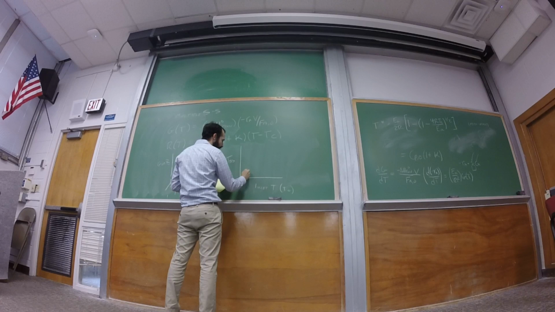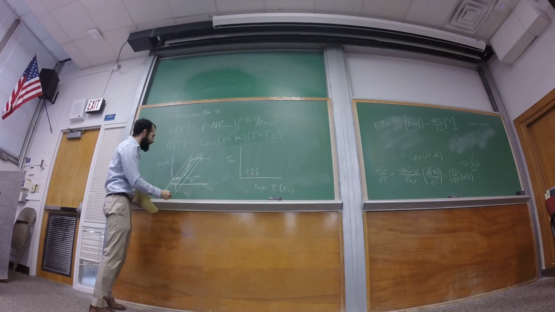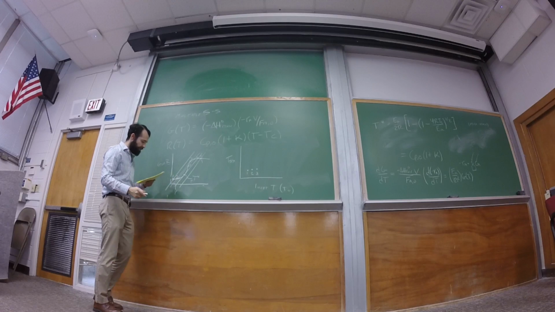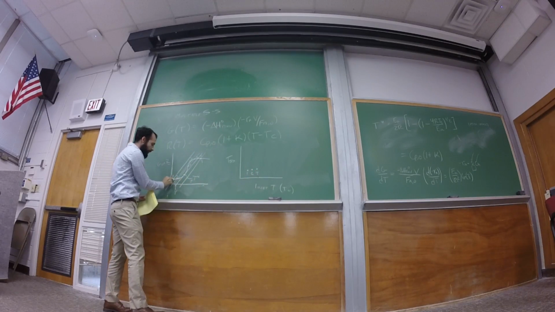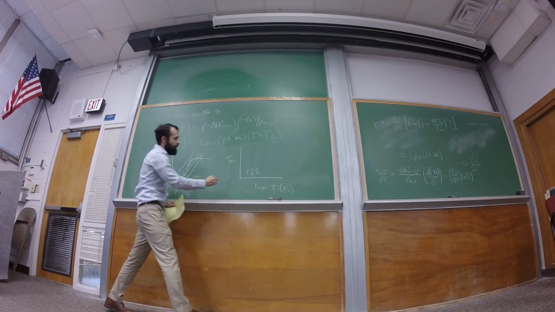And so what happens as I increase the inlet temperature is you get a steady increase in the steady state temperature, right? 1, 2, sorry, these numbers are wrong. 1, 2, 4, 7.